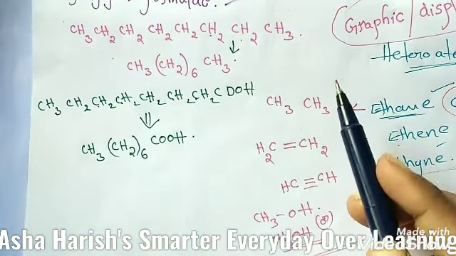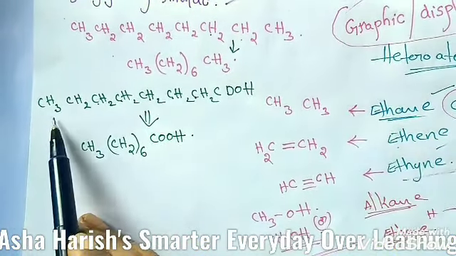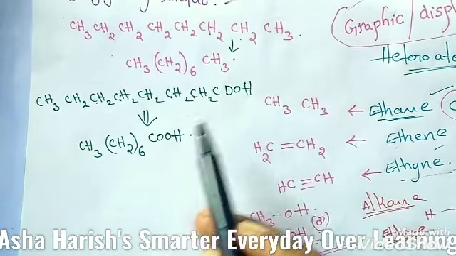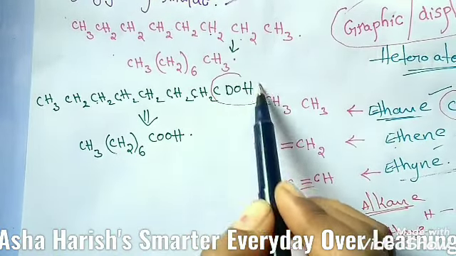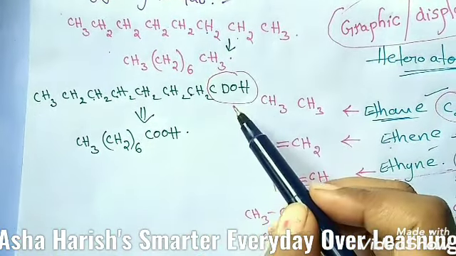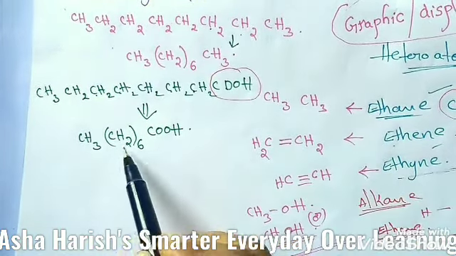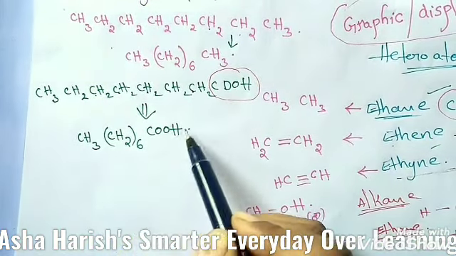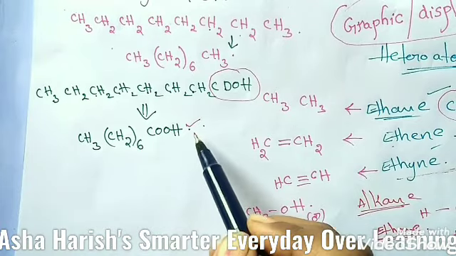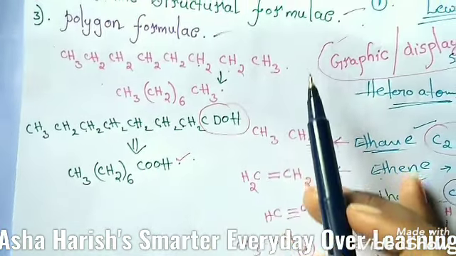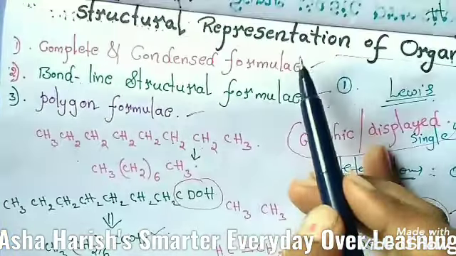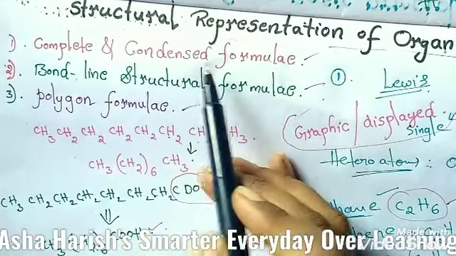Here there is 1 CH3 group, 6 CH2 groups and 1 COOH group. And this can be condensed further. We can write it like this: CH3(CH2)6COOH. And this is about the complete and condensed formulae. That is the first one, complete and condensed formulae.